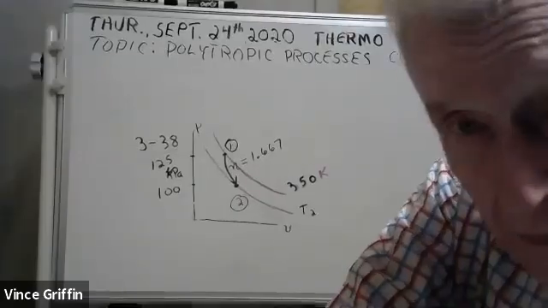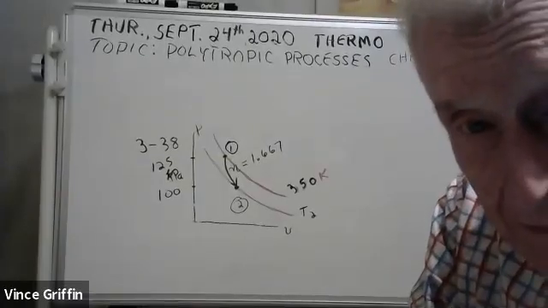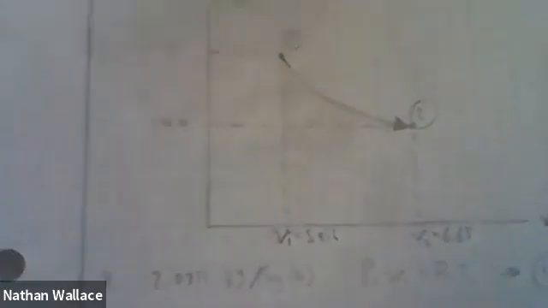My question is, you have two separate isotherms. I did state one and state two and labeled it, but I'm not showing the 350 K separate from the T2 K. I'm just showing a curve for state one to state two.